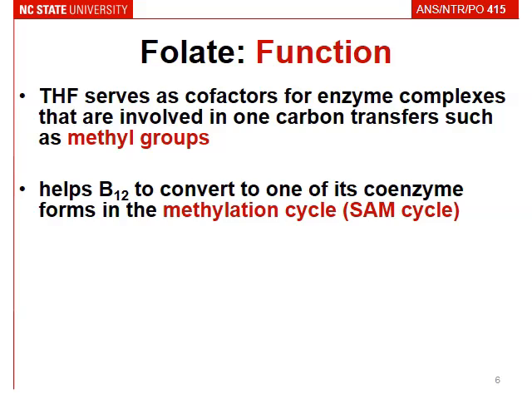So our THF is a cofactor, a coenzyme, for enzymes that are involved in one carbon transfers, transferring one methyl group to different compounds. For this, we have to have B12. So folate and B12 work together. And B12, as we'll talk about in a little bit, is a coenzyme for the methylation cycle referred to as SAM.